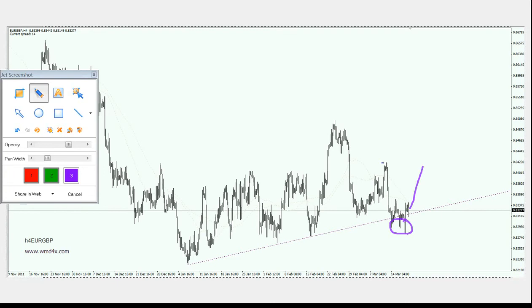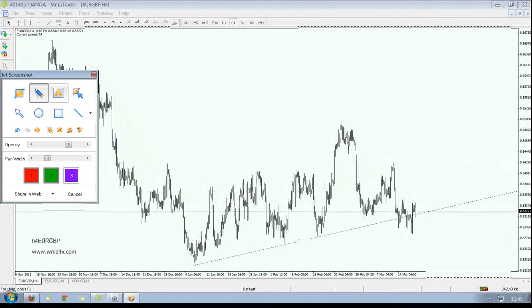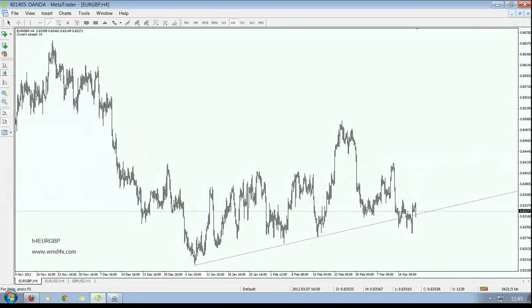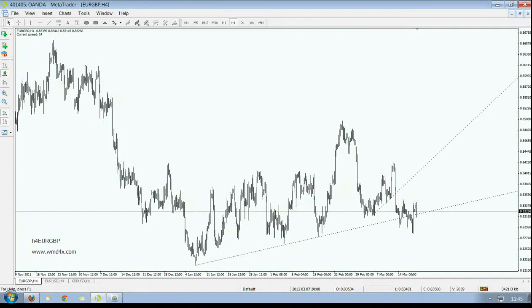In fact, sorry, I've just noticed something, and I want to mark it on my chart. So we've had a little bit of a flag break here as well, right? Okay, we've got a smaller flag inside of a bigger flag, but it's okay. It's worth marking that level.